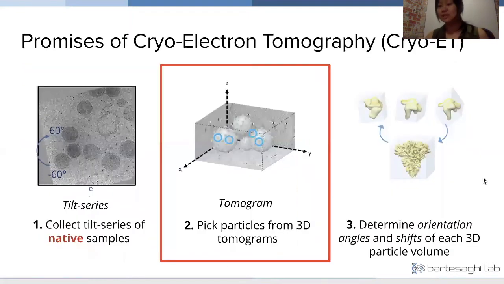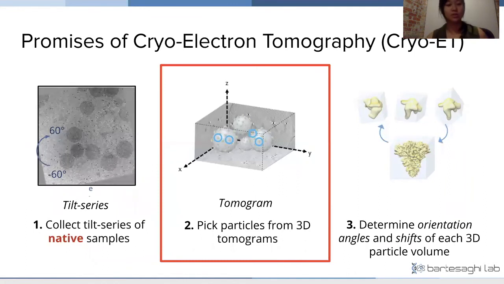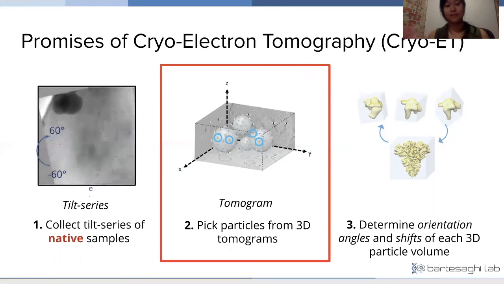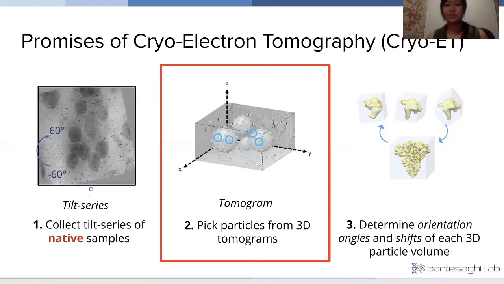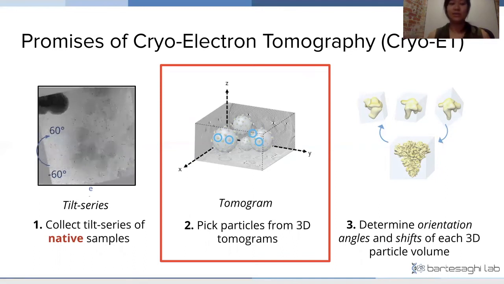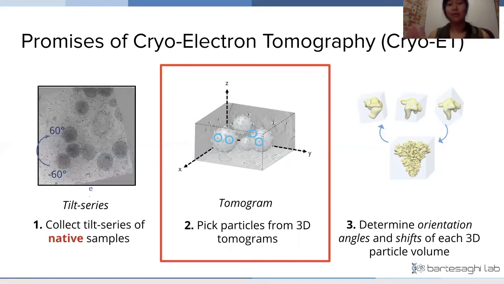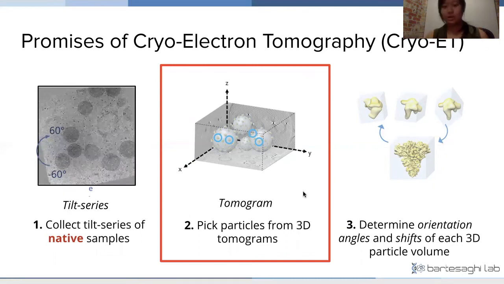In Cryo-ET, we take a slice of a cell or another biological sample and then basically use the electron microscope to create something called a tilt series, which is a bunch of images at different angles. By creating this tilt series, we're able to get a sort of 3D representation of the sample, and we're able to use the tilt series to reconstruct the sample into a 3D tomogram.